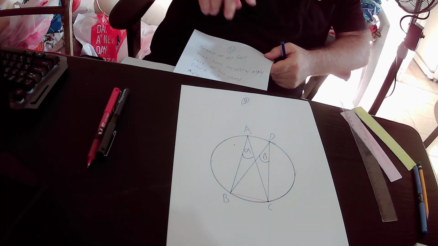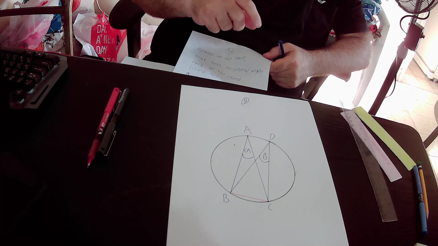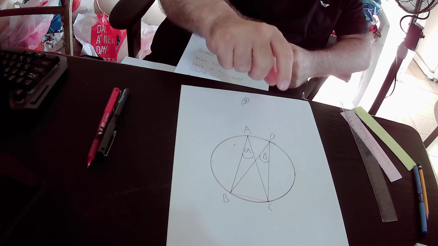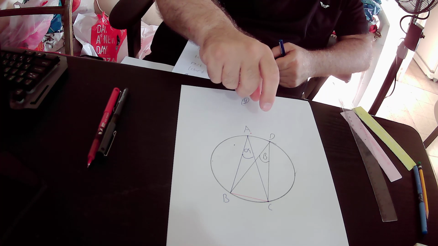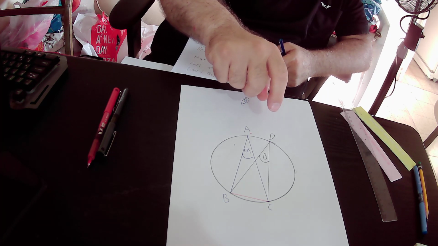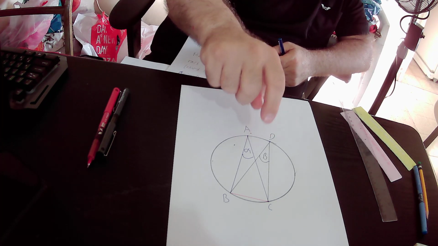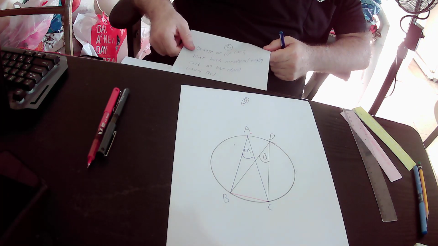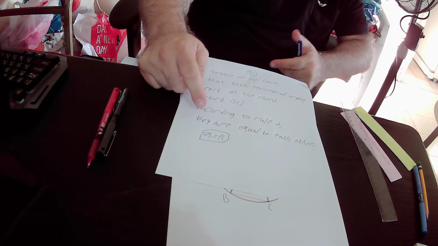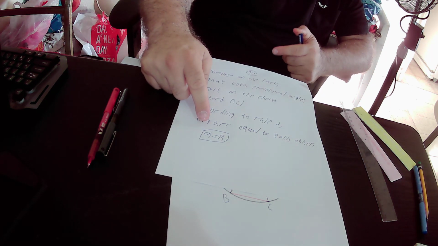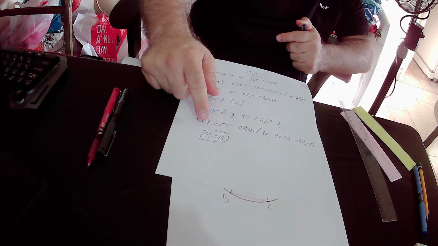So according to rule number 2, peripheral angles that rest on the same chord are equal to each other, that is to say alpha equals to beta. Okay?